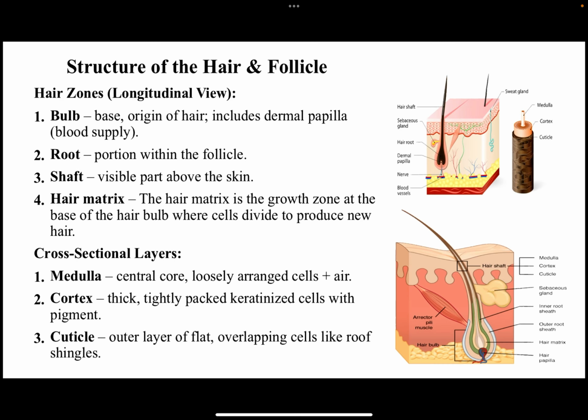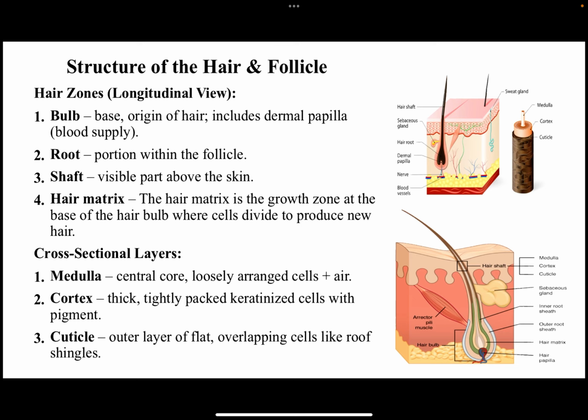Then we have what we call the structures of the hair and the follicle. Now let's look at the structure of the human hair and then the follicle.